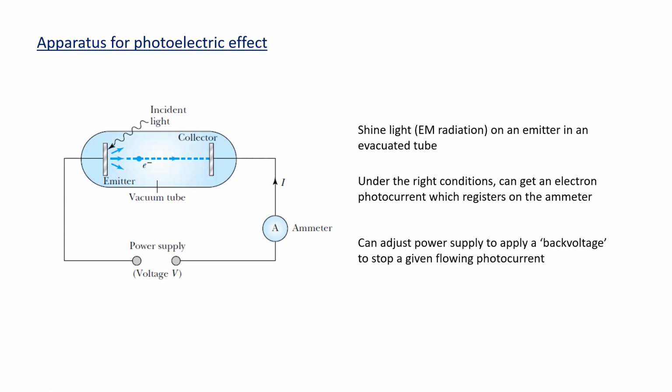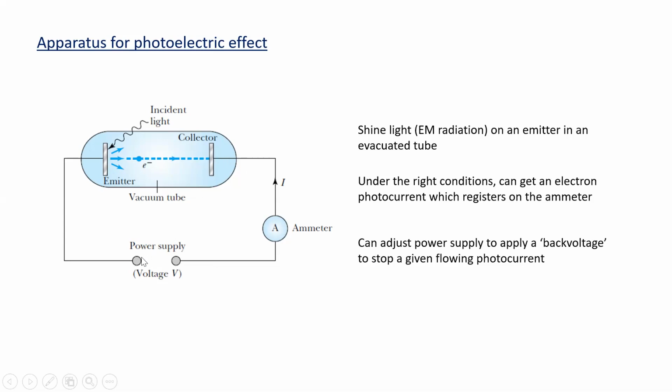And often in the experiments, or always in the experiments, there's also a power supply here, which we can adjust to apply a back voltage which can stop a given photocurrent. So if we have a photocurrent flowing of a certain magnitude, there must be some positive voltage causing it to flow.